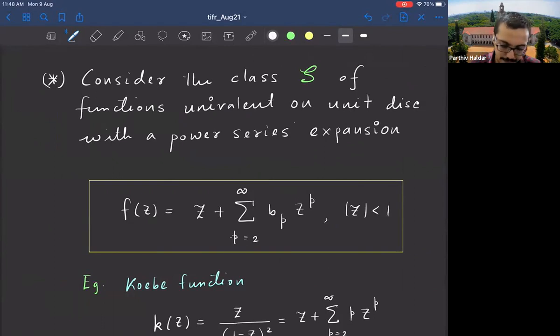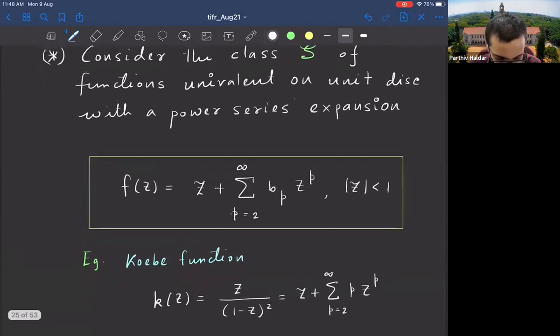In the general study of univalent functions on simply connected domains, studying functions in this class is sufficient, because you can map any simply connected domain to the unit disk via a conformal map.